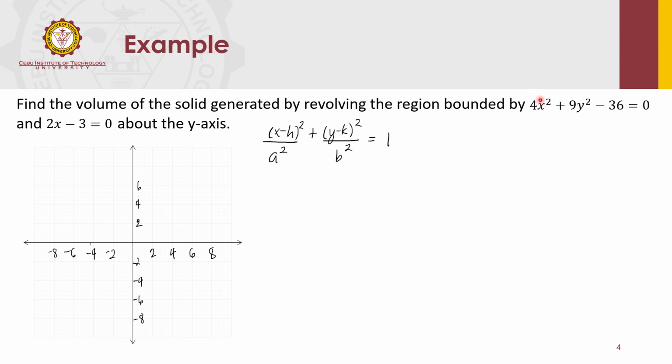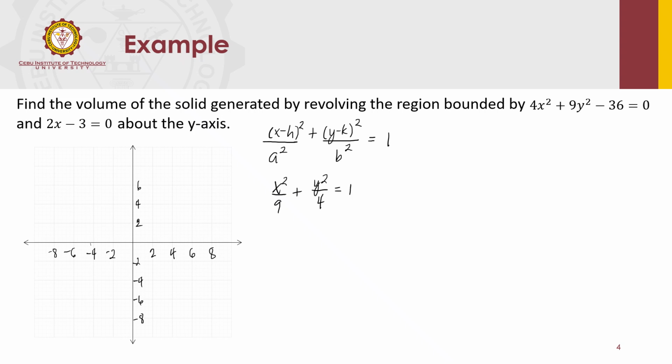The least common multiple for 4 and 9 is 36, so we can divide everything by 36. We come up with x squared over 9 plus y squared over 4. Transferring 36 to the right side, it becomes 36 divided by 36, so it's equal to 1.